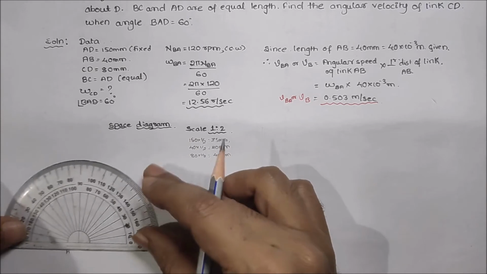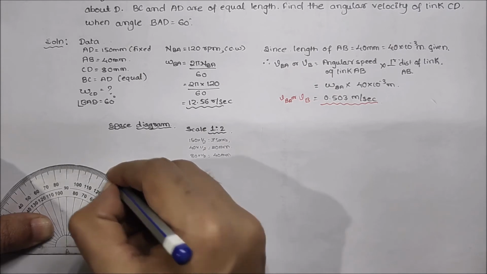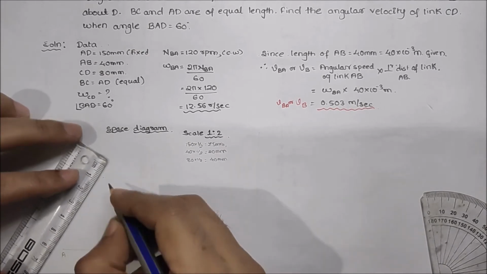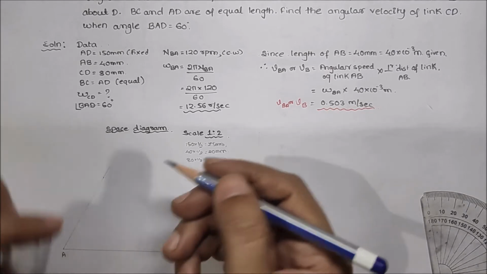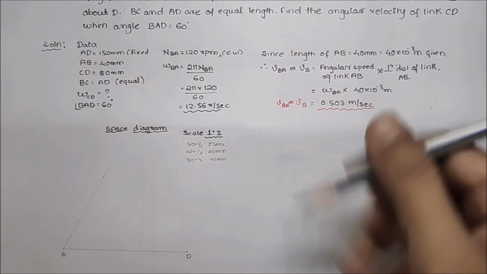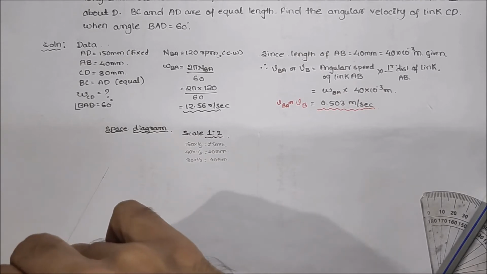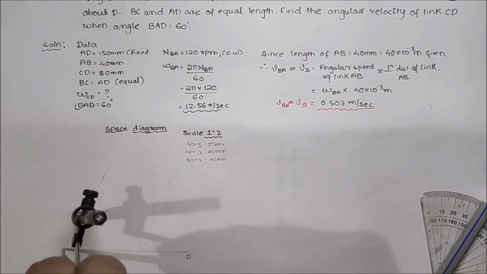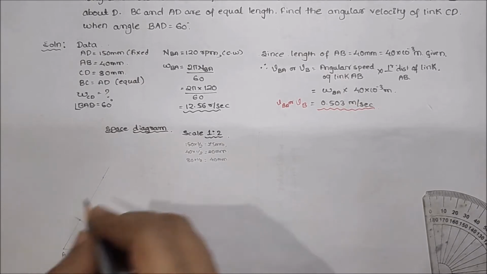From A, measure angle equal to 60 degree and after measuring angle equal to 60 degree, draw a thin line. Measure a scale equal to 20 mm. Keep the pointer at point A and cut an arc equal to 20 mm, and mark that point as point B.